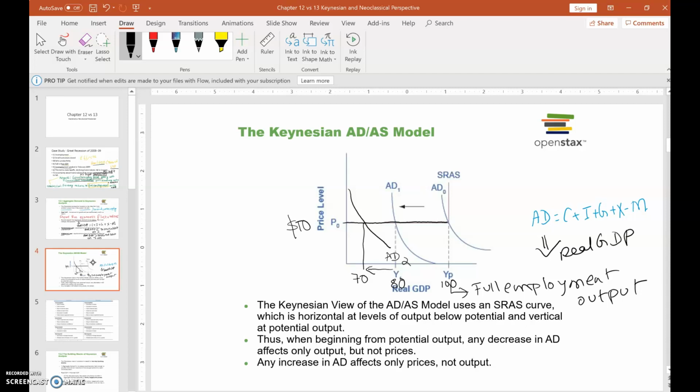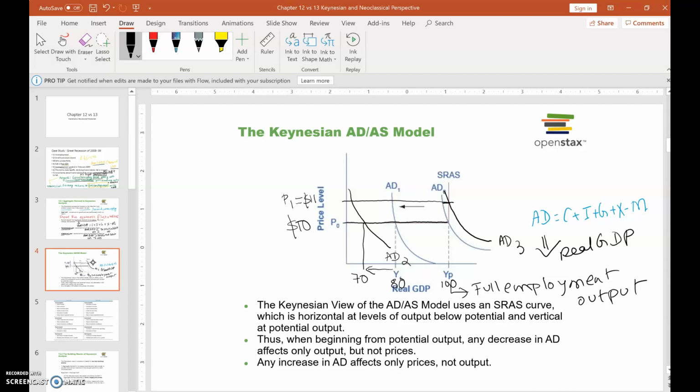Now, if I look at the vertical portion of the short-run aggregate supply curve, if I shift the aggregate demand curve to the right, I'm going to have a point of intersection here between the short-run aggregate supply curve and the new aggregate demand curve. What I see here is the prices went up, output stayed the same.